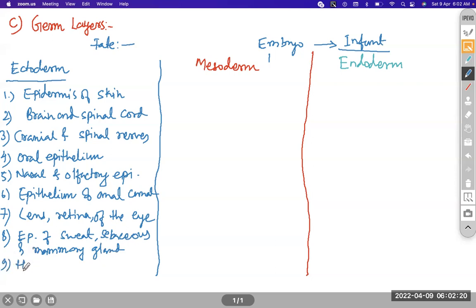Hairs, nails, फीडर्स, हुक्स, स्केल्स, ये सब एक्टोडर्म से ही डिराइव होते हैं.